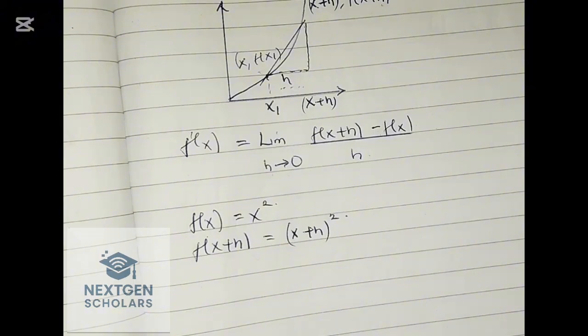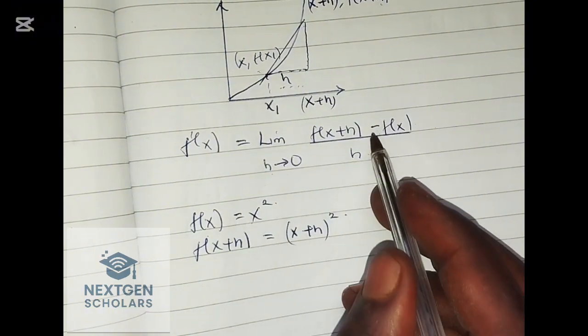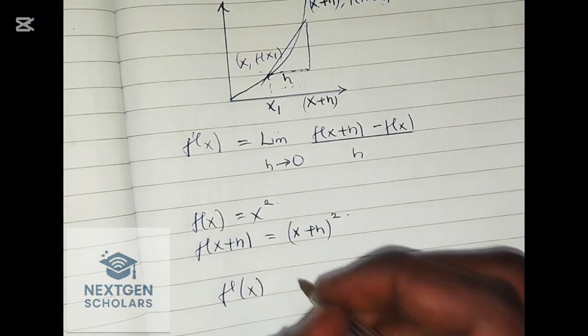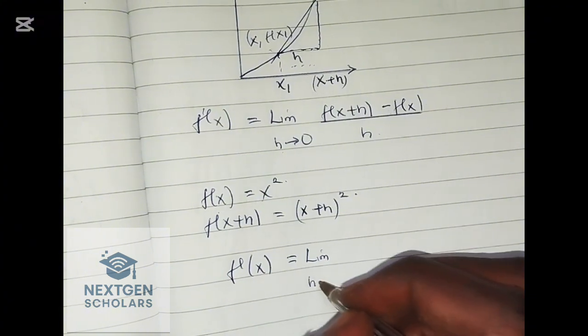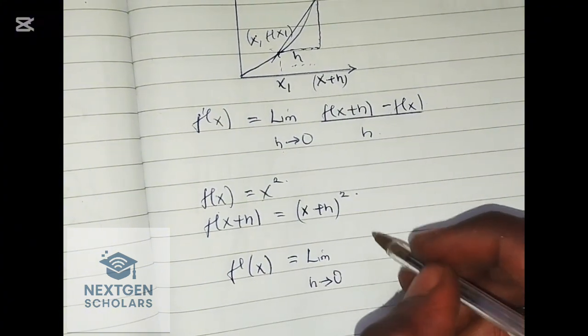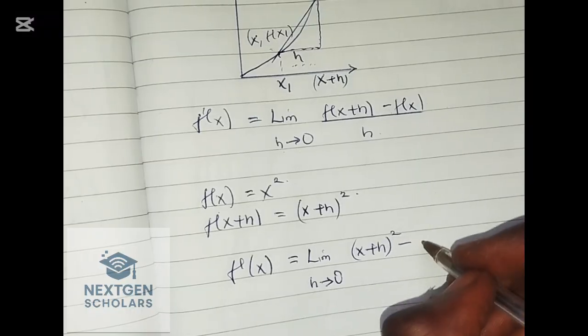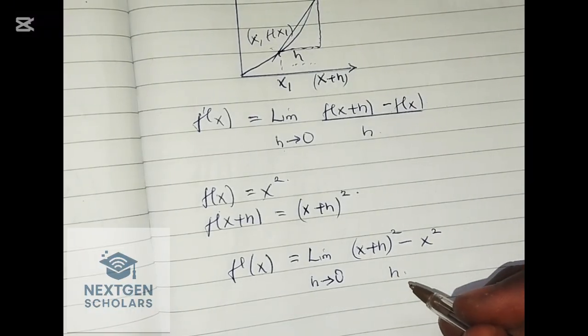And we know that our f of x is x squared. So we can put all this in the formula. So f prime of x is equal to the limit as h approaches 0 of (x + h) squared minus x squared, all over h.